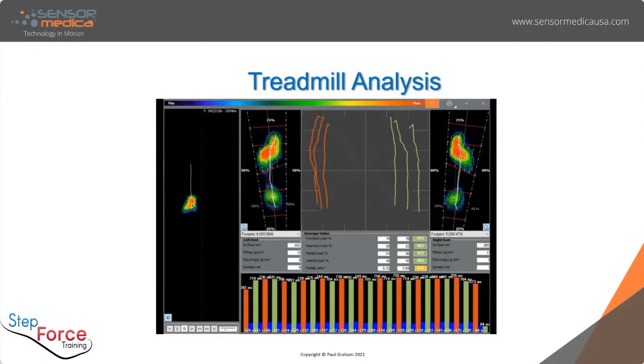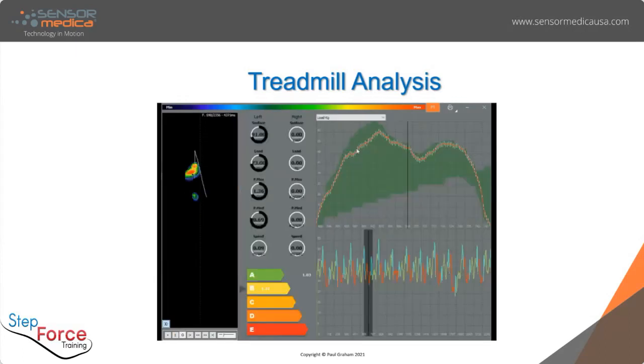All of this information can be used to come up with the appropriate diagnostic information for us to make some decisions on. And once we have done that, we can put some taping on or padding on, and then reassess the patient and do a comparison of how those interventions are making a difference.